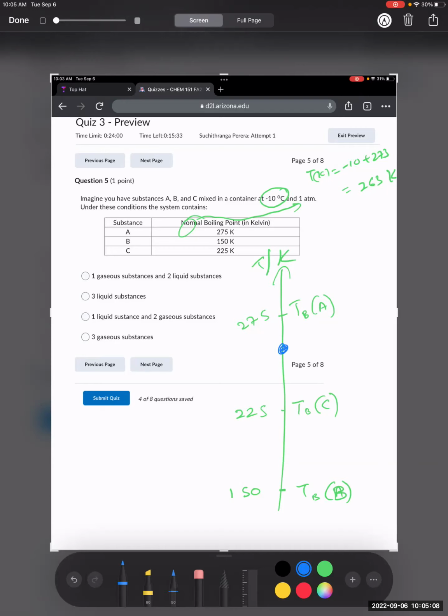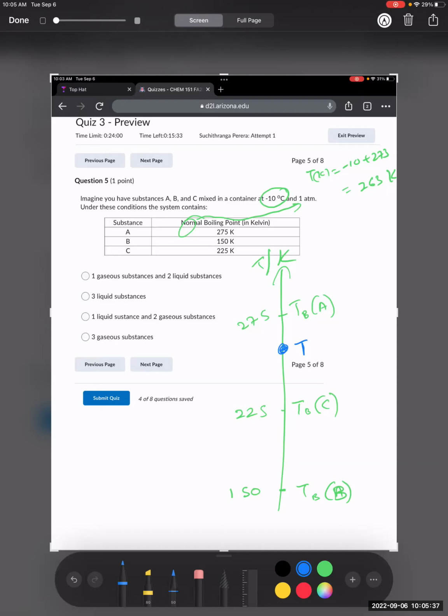Now this is the current temperature, called T. Now with respect to the boiling point of A, we are below the boiling point of A. If you have water, the boiling point of water is 100 degrees Celsius. Now it is analogous to being at, let's say, 80 degrees Celsius rather than 100 degrees Celsius.